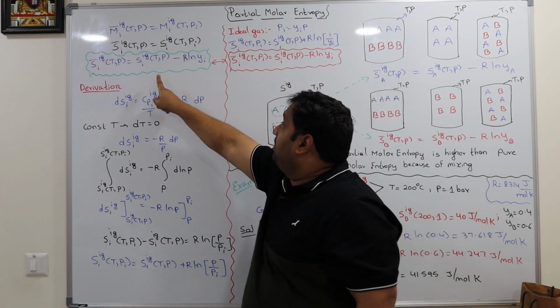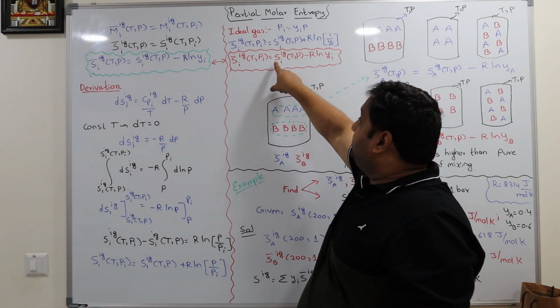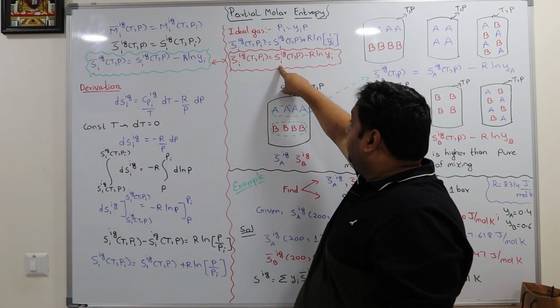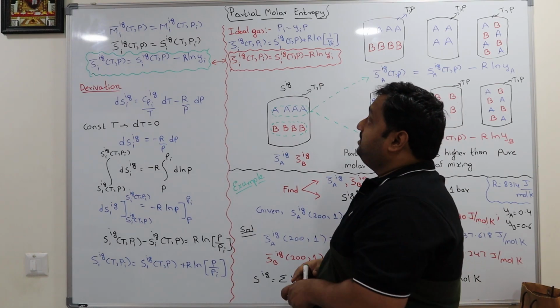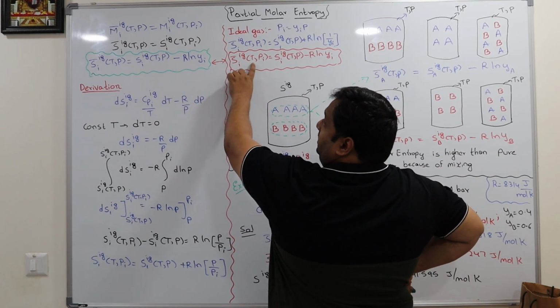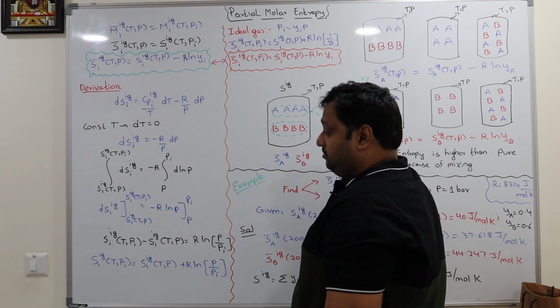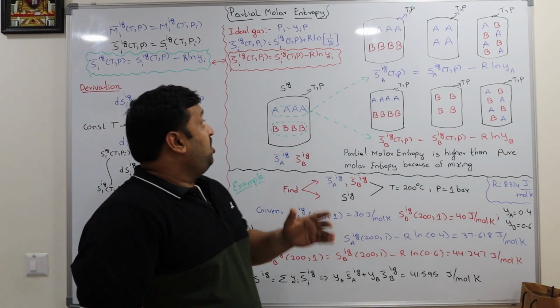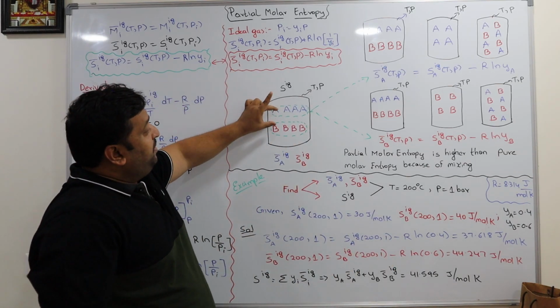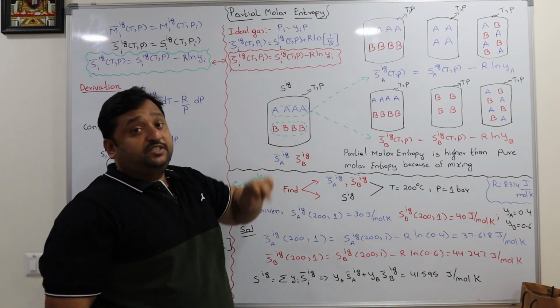Then the entropy at T and Pi, the partial entropy, is equal to the pure entropy at T and P minus R ln Yi. This is how this equation has come by following this derivation. What is our objective? Now you know the entropy of any component in the mixture can be estimated using this expression.